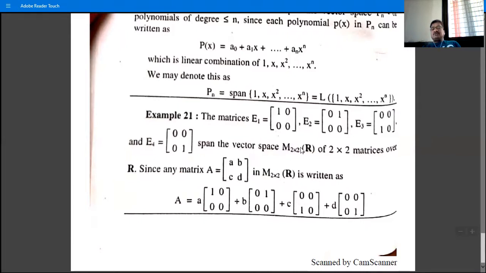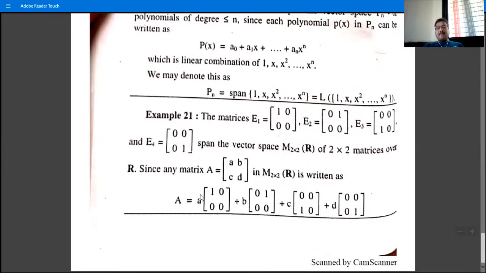How can we show that these four vectors span M2x2(R)? We take any element, suppose A equal to (a b; c d) belongs to M2x2(R). Then A can be expressed as a into (1 0; 0 0), that is a into E1, plus b into (0 1; 0 0) plus c into (0 0; 1 0) plus d into (0 0; 0 1).